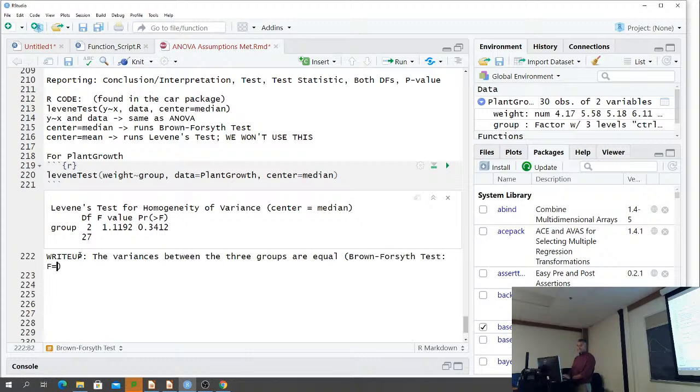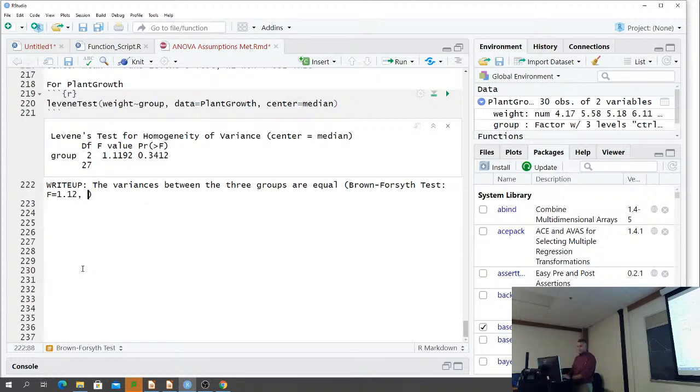Our F statistic is 1.12, rounded to 2 decimal places because that's our test statistic. And then DF1 is 2, and DF2 is 27. So we have to report both. And then our p-value, I'll just do equals 0.34.